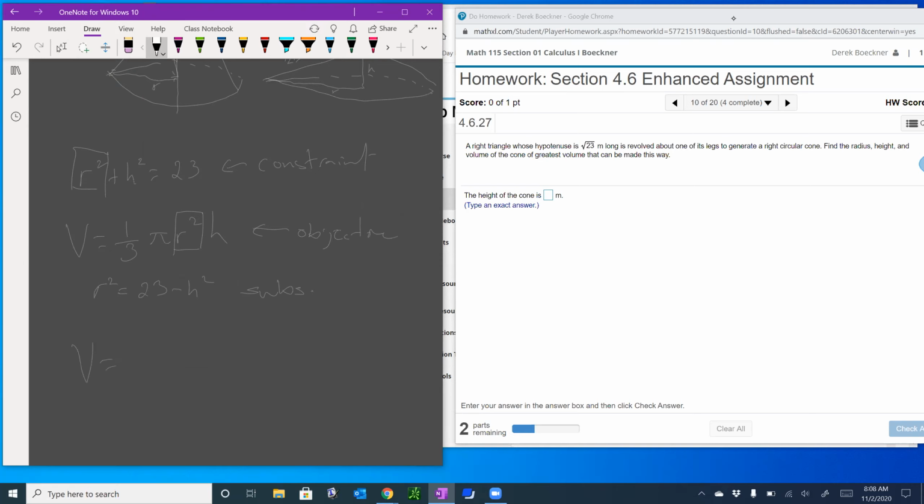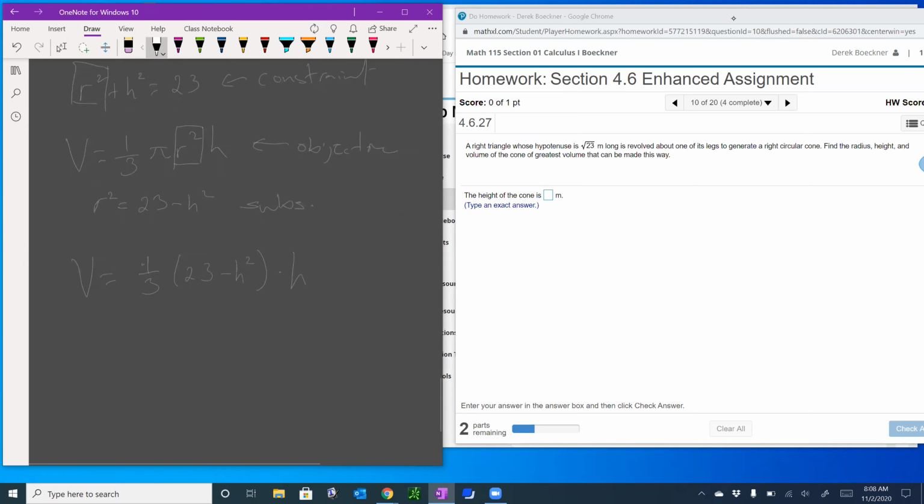So I get the volume as a function of h is 1/3 pi times 23 minus h squared times h. Put a pi there, thank you.